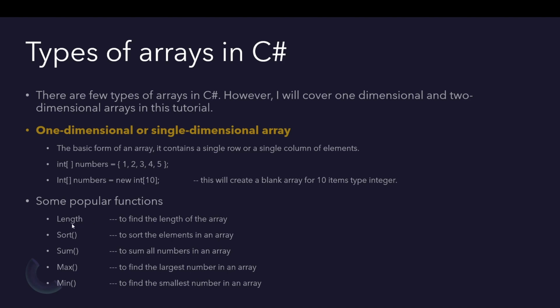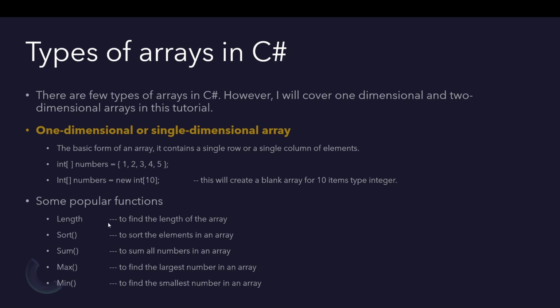In arrays, we have some popular functions that you can use: length, to find the length of the array, sort items in an array, sum numbers in an array, and find minimum and maximum numbers in an array.